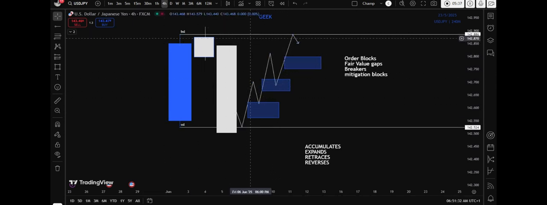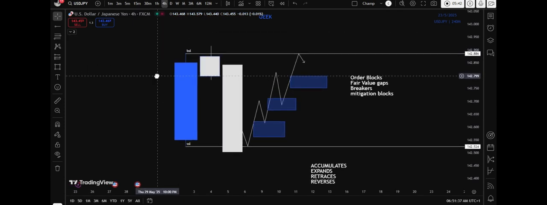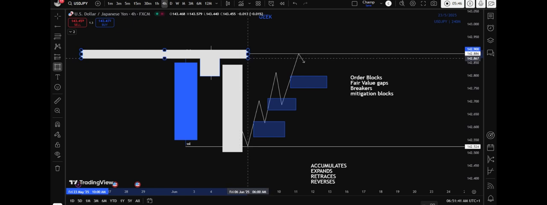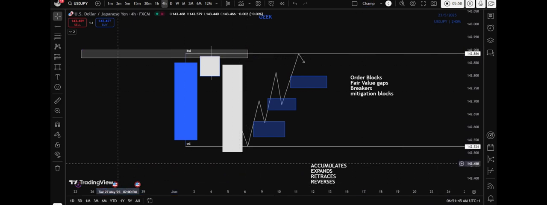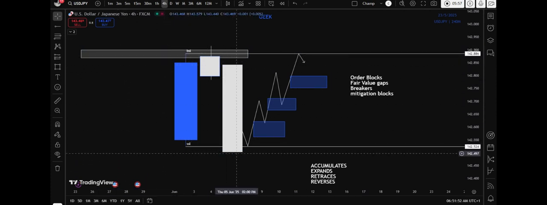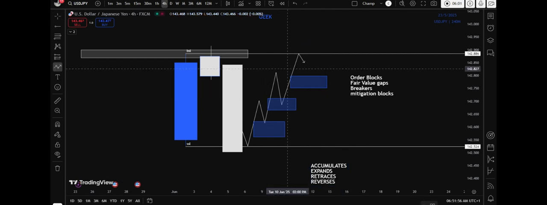In this scenario here, as given, price has taken out external range liquidity. On the higher time frame, you will notice that price will have tapped into a level of internal range here, because price moves from range to range, and it would have taken out this, and now it is rejecting. This is where the reversal will come, and before the reversal, it will also have a small accumulation, maybe here, then it expands to the downside.